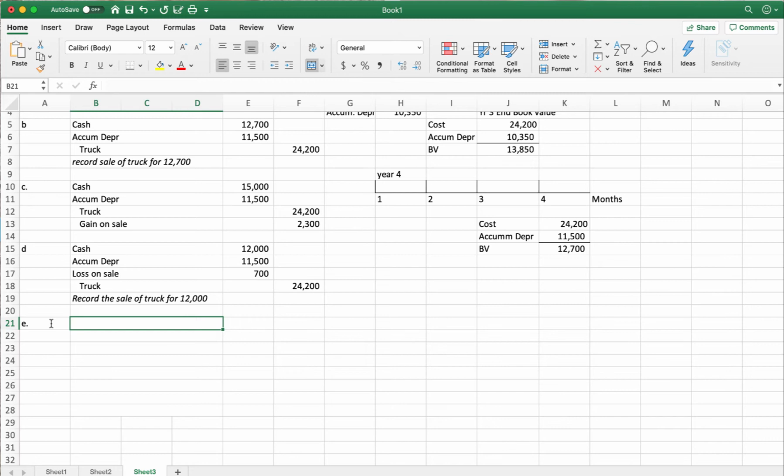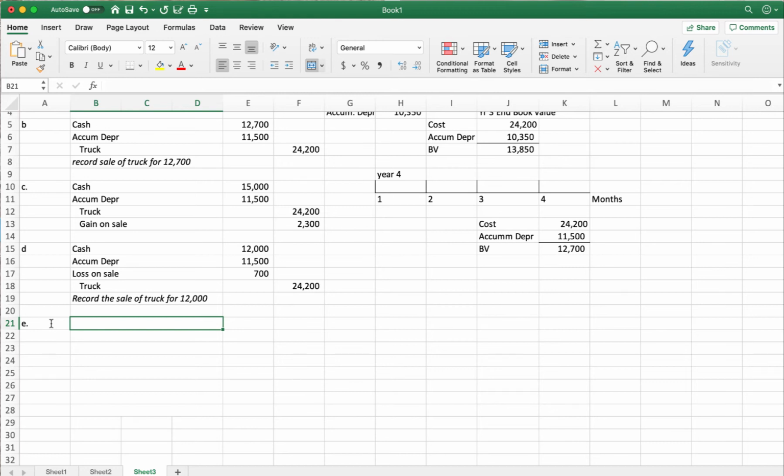Truck got stolen. I don't have insurance on this vehicle, or let me rephrase that. I don't have insurance for theft. So I'm out, right? How much am I out? Well, I'm out the book value of the asset because I'm not getting anything for that asset. Some thieves have it and Lord knows what they did with it, but I don't have it and I didn't get paid for it, right?